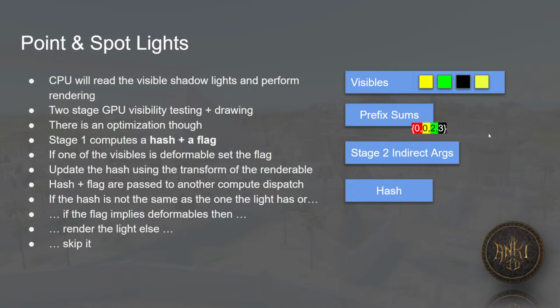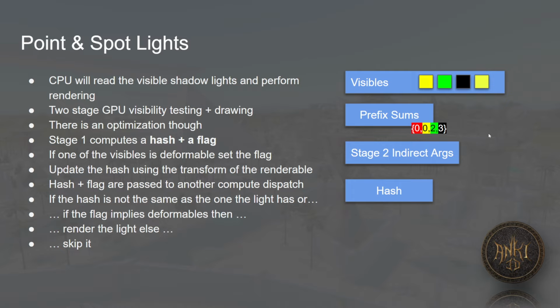The hash, on the other hand, is updated by taking into account the transforms of all the visible renderable objects by that light. Then the hash and the flag are passed into another compute dispatch that does vetting. If, for example, the light has objects that have moved, then it will render it as is.